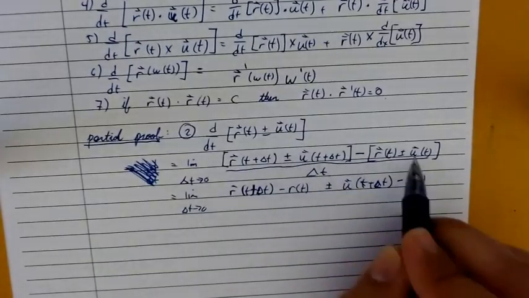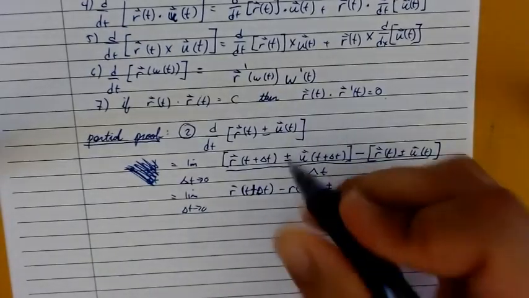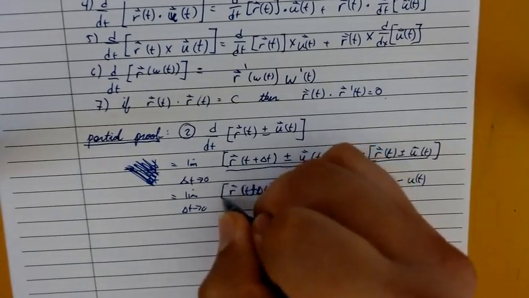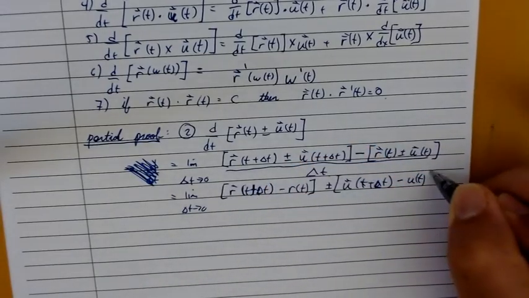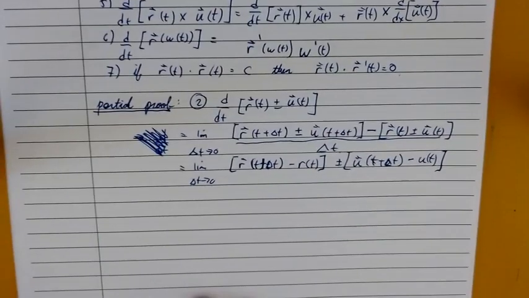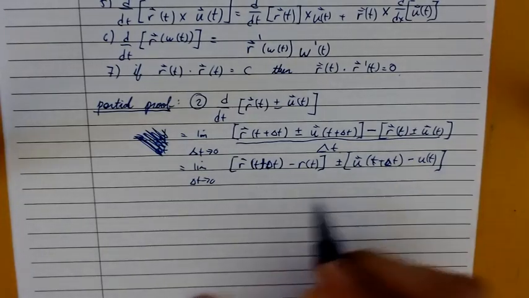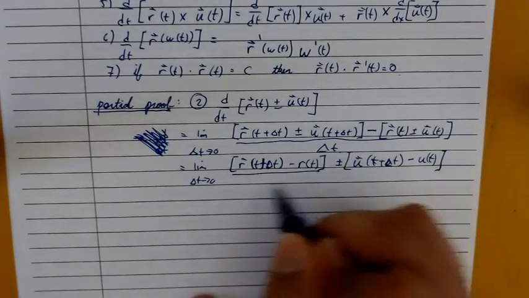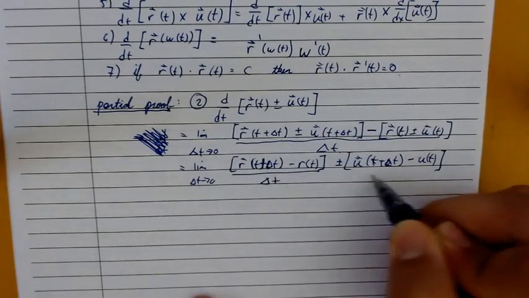Plus or minus there, plus or minus there. I'll just say plus or minus that whole thing. All of that's over delta t, which of course I can always split apart this way.